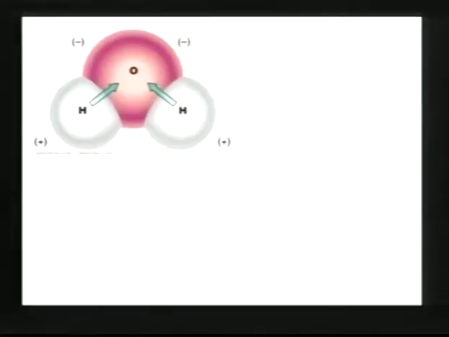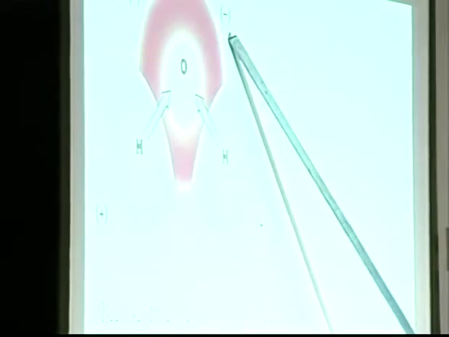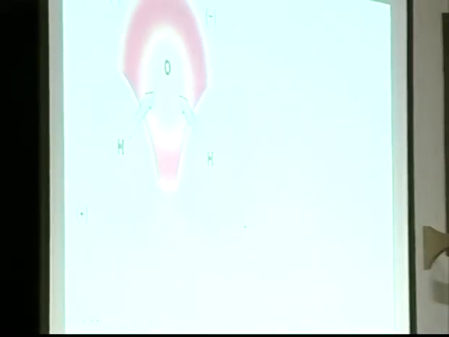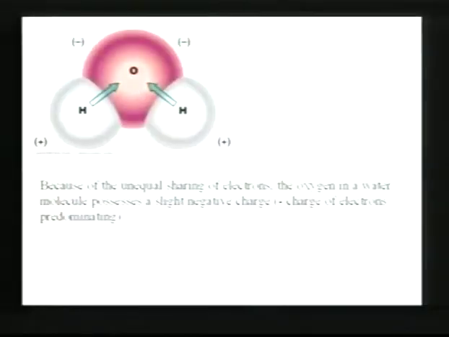All right, here's a water molecule. As I said, the polar unequal sharing of electrons produces an oxygen atom in the water molecule that has a slight negative charge, and it will attract positive charges. The hydrogens, because the electrons are spending less time around those nuclei, will have a slight positive charge because the charge of the protons in the nucleus is showing through.